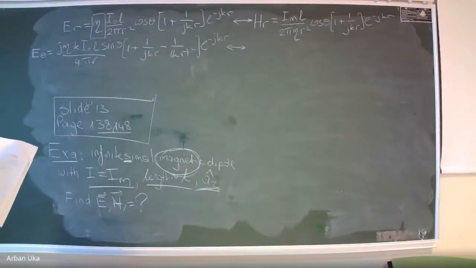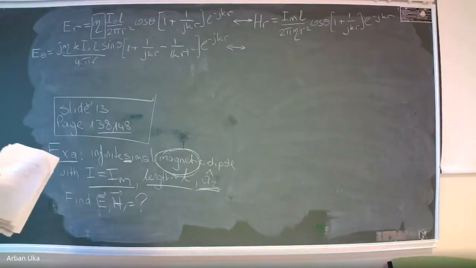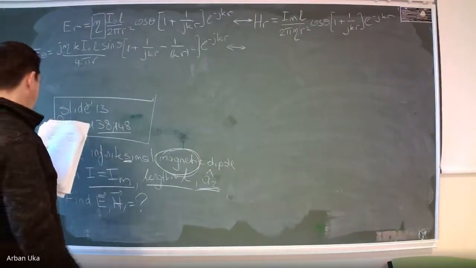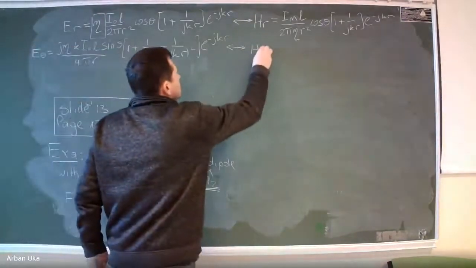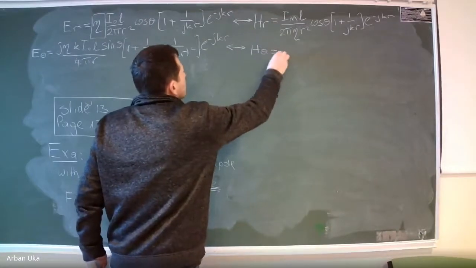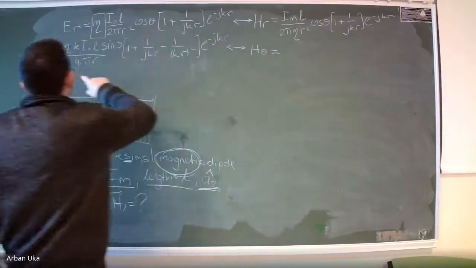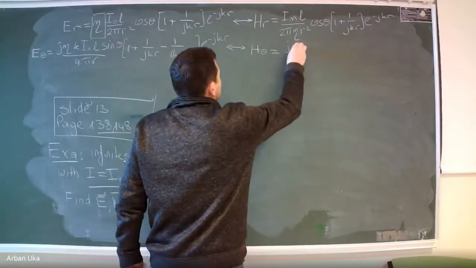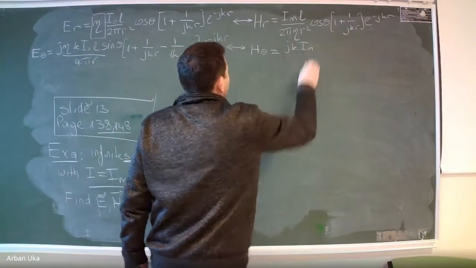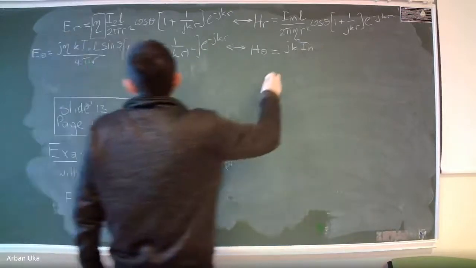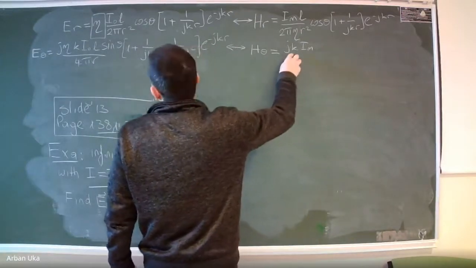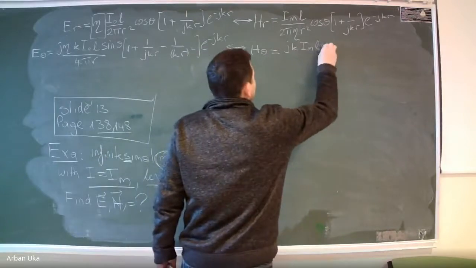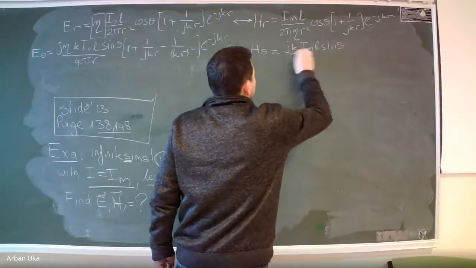From E theta, we immediately have to write down the H theta, and H theta would be equal to jk IM, the magnetic current, times the k we did, the length L, sine theta.